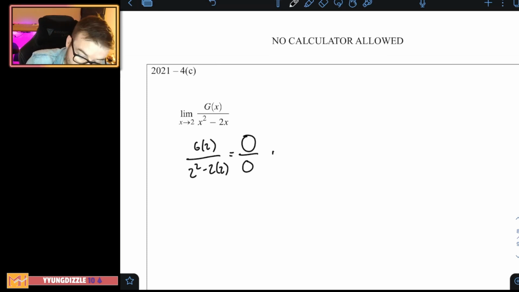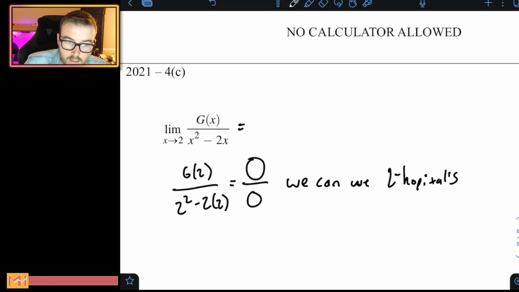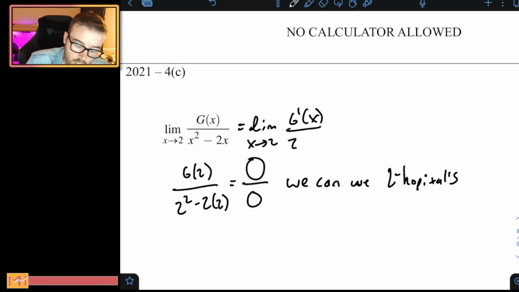So now we can use L'Hopital's. So the limit as x approaches 2 of g of x over x squared minus 2x is equivalent to the limit as x approaches 2 of g prime of x over 2x minus 2. I took the derivative of the top and bottom.